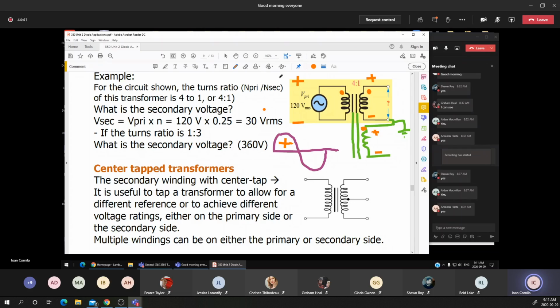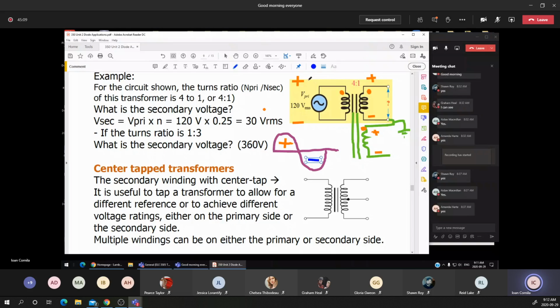Now, suppose that I change. Let me try to use a different color. Let's say I'm using this blue. To make a negative side means that I'm in the second half of the sine wave on the input voltage, or the primary voltage.